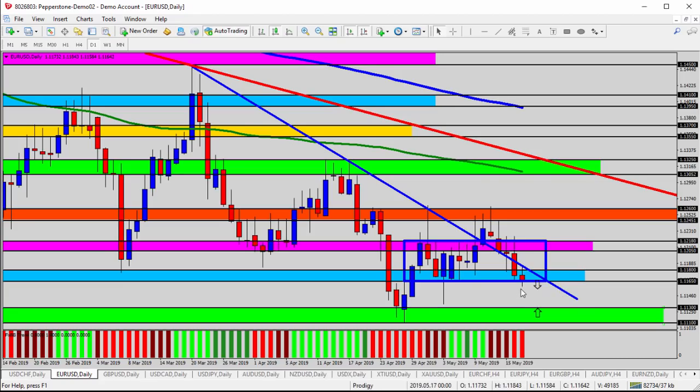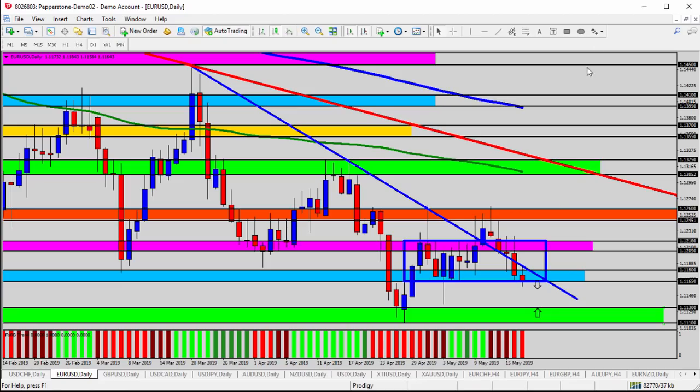Today, it is having a little bit of a difficult time getting through 1.1165, but that doesn't mean it won't at some point. So let's watch for the potential breakout scenario underneath 1.1165 and the possibility of taking it all the way back down to 1.1130, 1.1110, for about 35, 40 pips of profit if it does take that turn back lower.